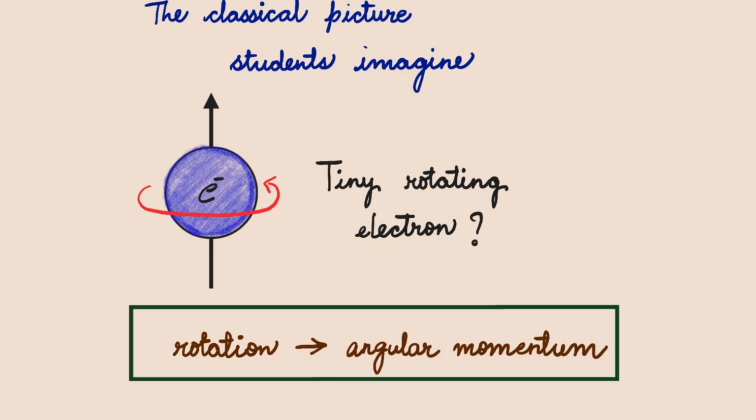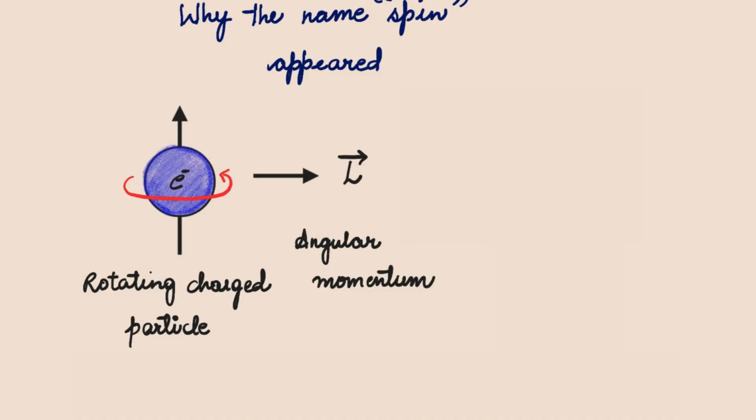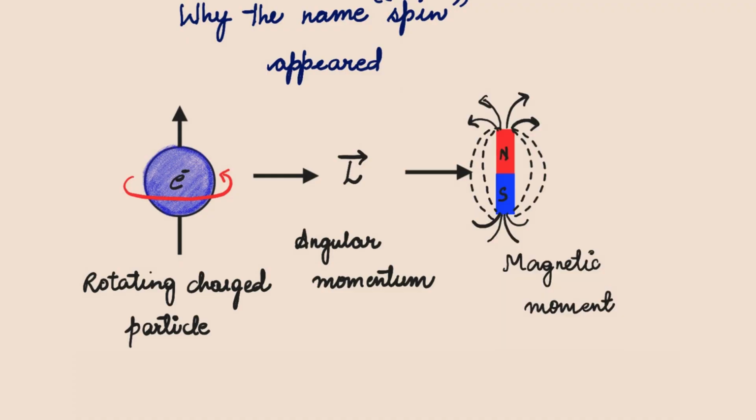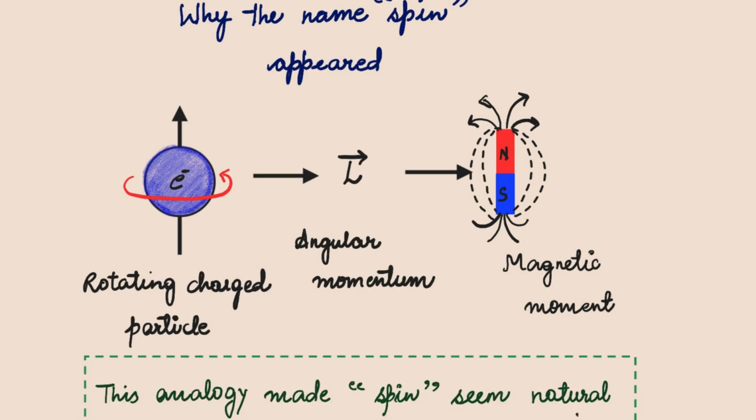So we naturally make the connection between rotation and angular momentum. If the rotating object is charged, its motion of charge can also produce a magnetic moment. This classical picture is useful for understanding why the word spin sounds so natural. But the electron is where things become very different.